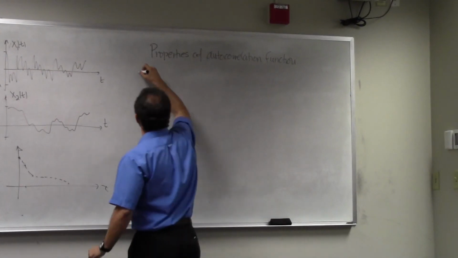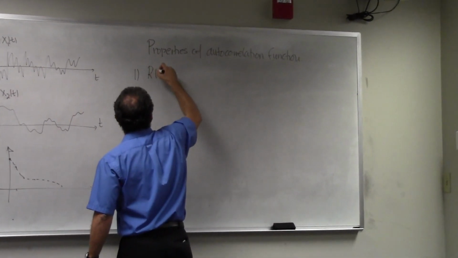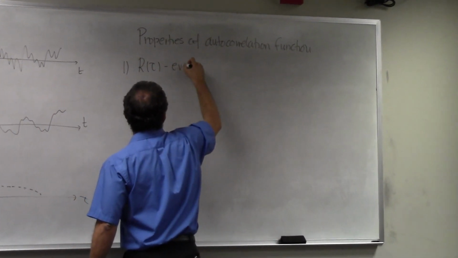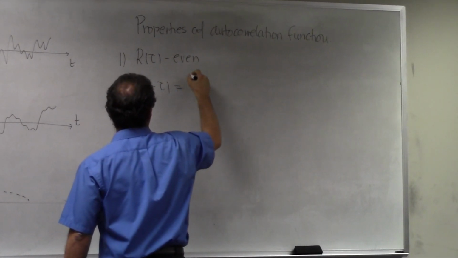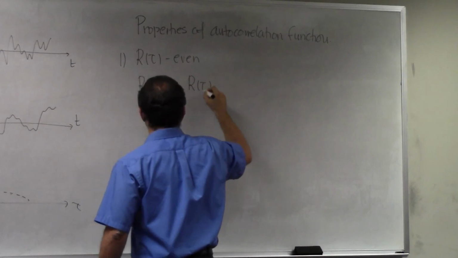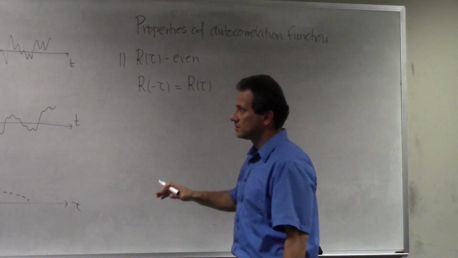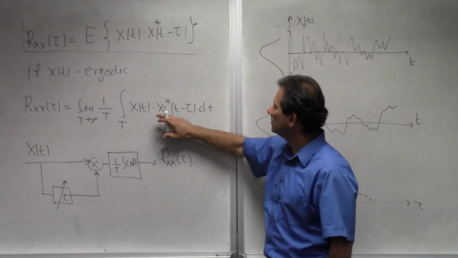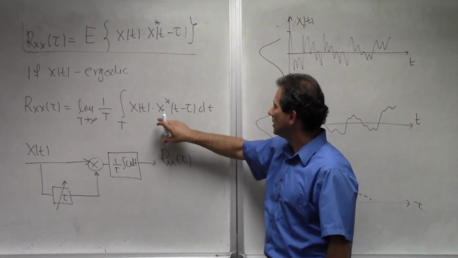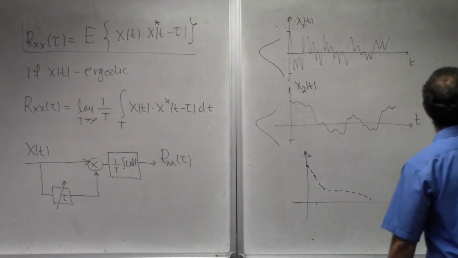First property: R of tau is even, which means R of minus tau is the same as R of tau. That is immediately apparent from the definition.